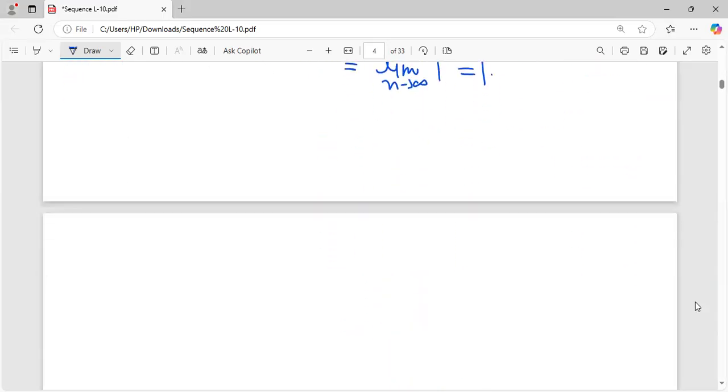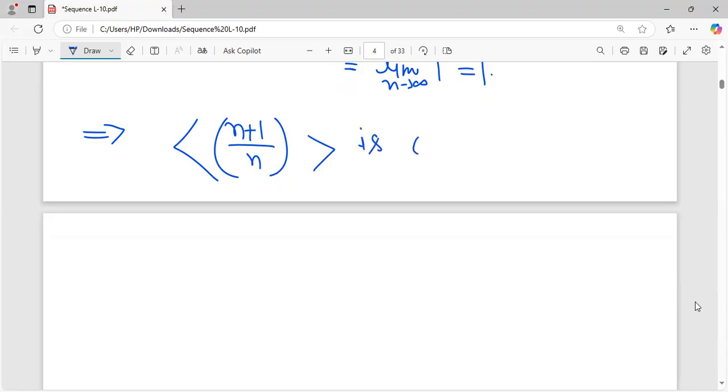So this implies the sequence (n+1)/n is convergent and the limit as n tending to infinity of (n+1)/n is equal to 1.